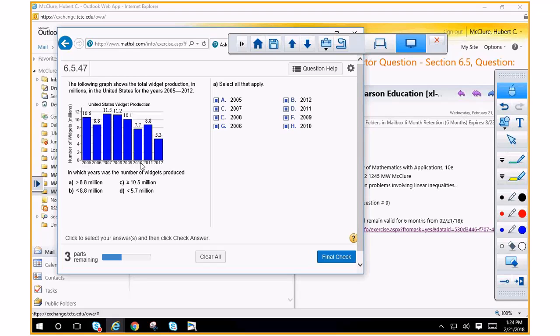2010 and what? 2012. So you would put 2010 and 2012. That's what it says, right? Oh, more than. I'm sorry. More than 8.8. That's this one, this one, this one, this one, and that's it. So there's 4 of them. 2005, 7, 8, 9.